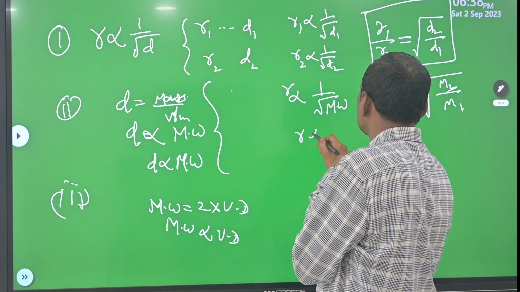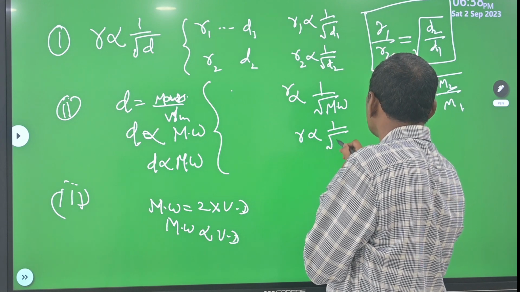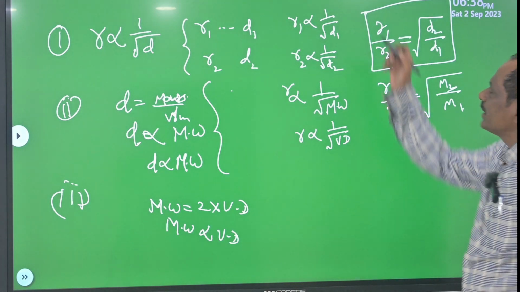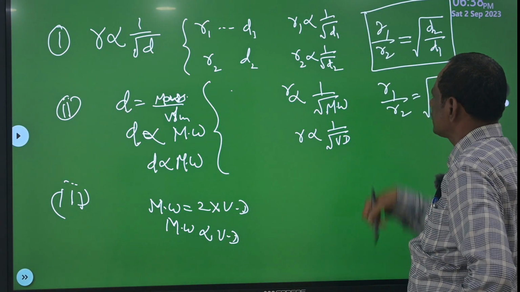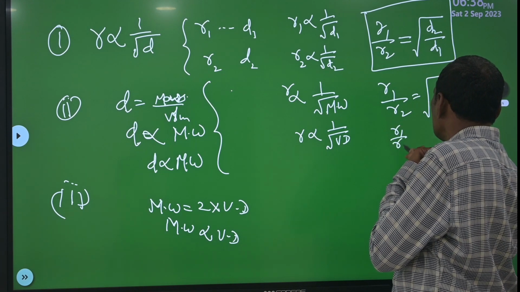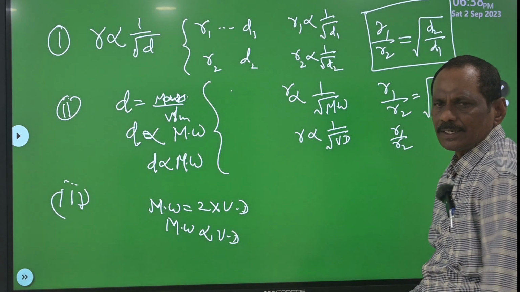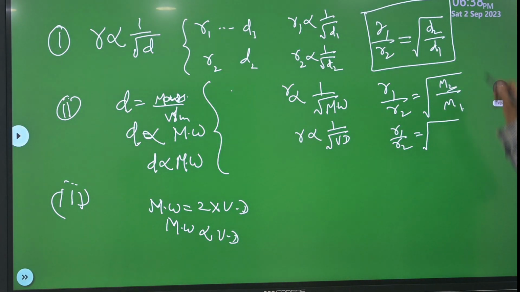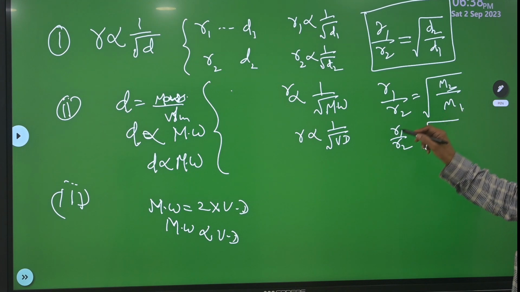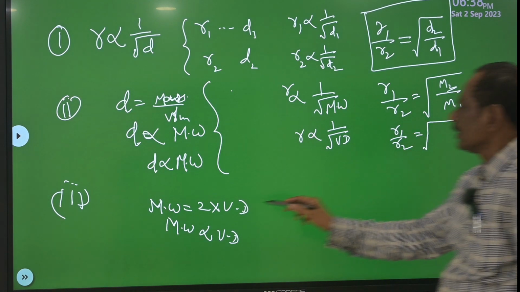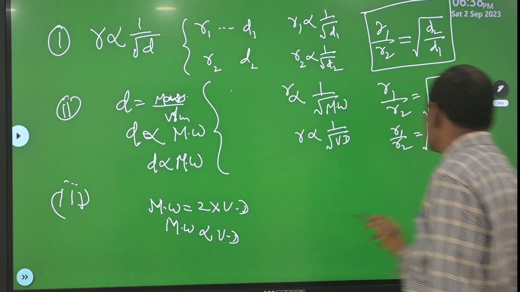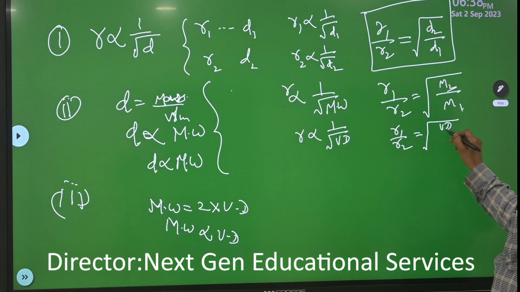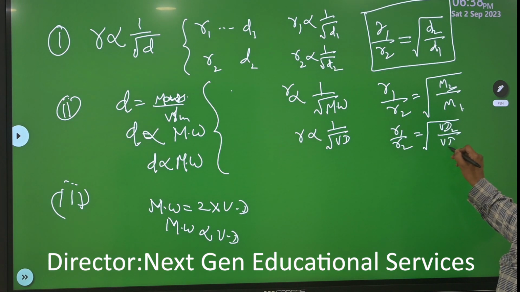That means Graham's law can be stated in these three ways. If we compare the vapor densities of two gases, then R1 by R2 is equal to root of M2 by M1. The molecular weight is directly proportional to the vapor density. Therefore, R1 by R2 is equal to the root of the vapor density of the second gas by the vapor density of the first gas.